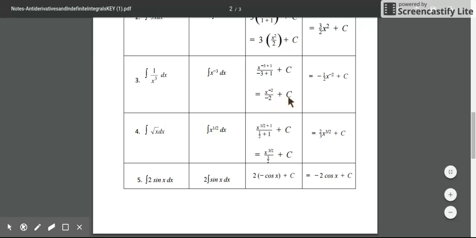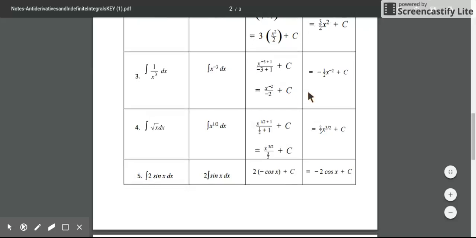We're going to say plus c, adding in that constant of integration, and we could rewrite it. We could leave it in that form or rewrite it, just shift that negative 1/2 out to the front. We could also rewrite it as negative 1 over 2x squared and put that x squared down at the denominator position. Either way.